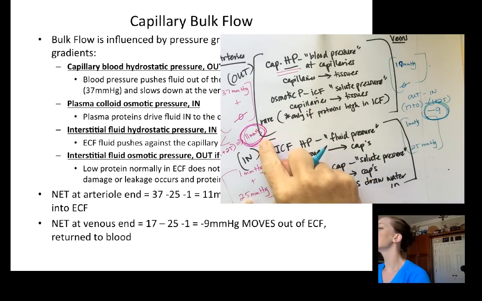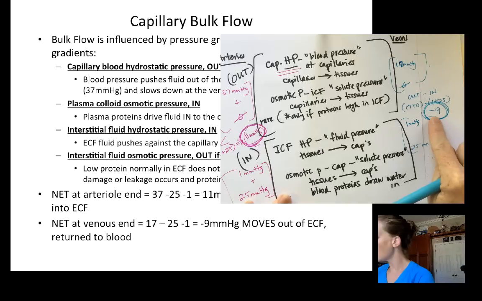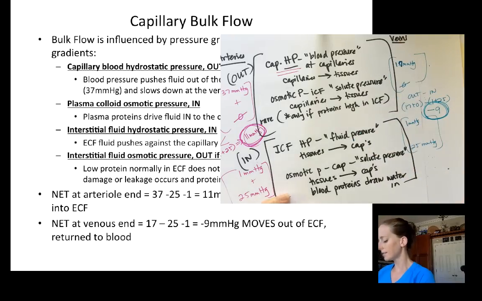So what this says is that we had 11 millimeters of mercury moving out at the arteries, and negative 9 millimeters of mercury moving in at the veins.